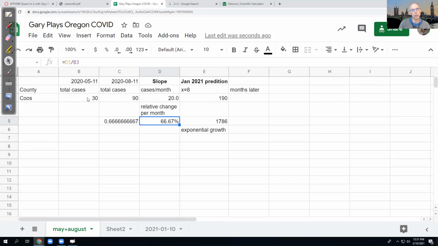So if we looked at the monthly % change over the summer, that was more like a 67% increase per month. If we let that 67% increase keep going through September, October, November, December into January, then that % increase predicted there would have been almost 2,000 total cases in Coos Bay.